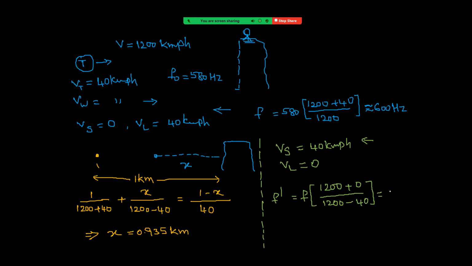That is equal to, the value we got is 600, and this is now 1200 by 1160, right? And if you simplify, we get approximately 621 Hz approximately.